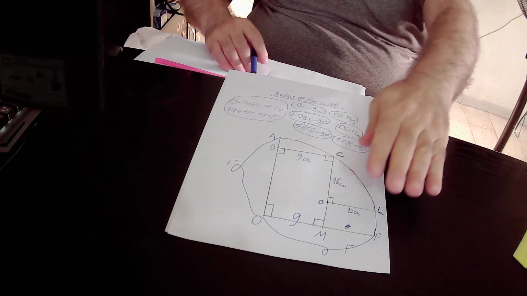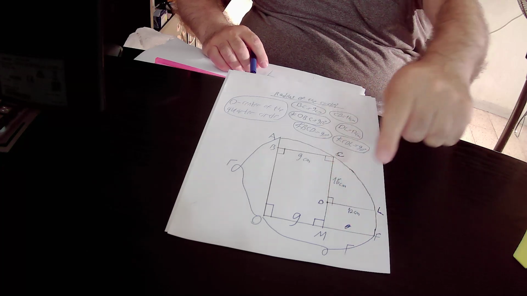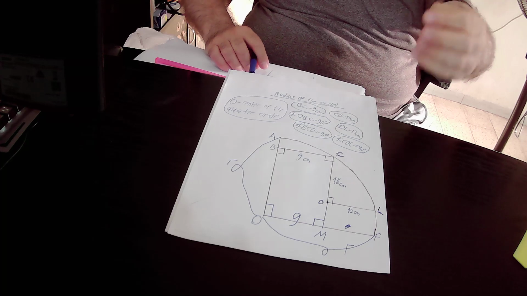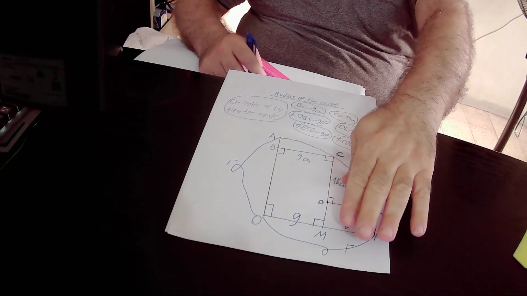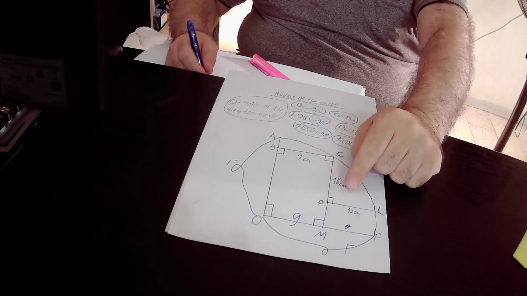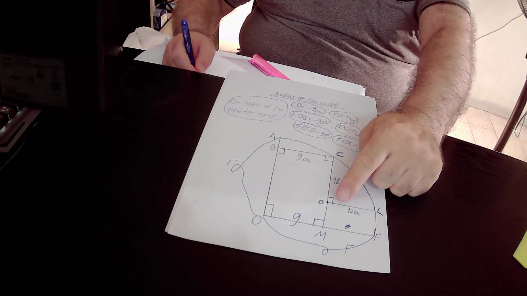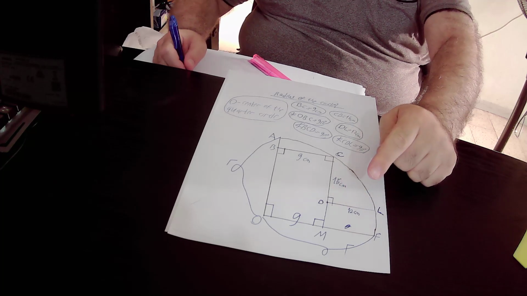So if we focus on this side of the straight line CM at point D, the sum of the angles must be equal to 180 degrees according to rule number 3. Which angles do we have at this side of CM at point D? We have this angle that is equal to 90 degrees plus this angle that is actually angle LDM.